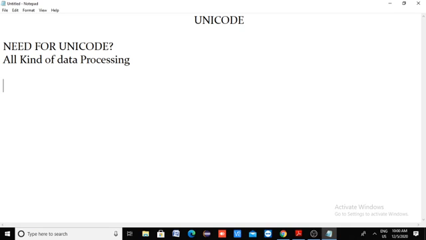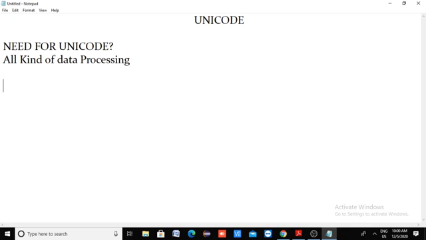Hence people started developing computer systems that could allow interaction and processing of data in the local language of users, like Hindi, English, Kannada, Japanese, Korean, Chinese. So these types of languages would be supported.